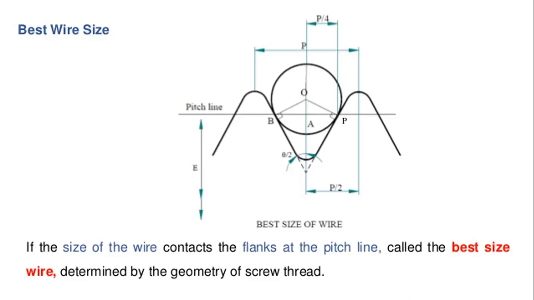The angle is taken as theta by 2. Then, from the pitch line, the effective diameter is taken as capital E.